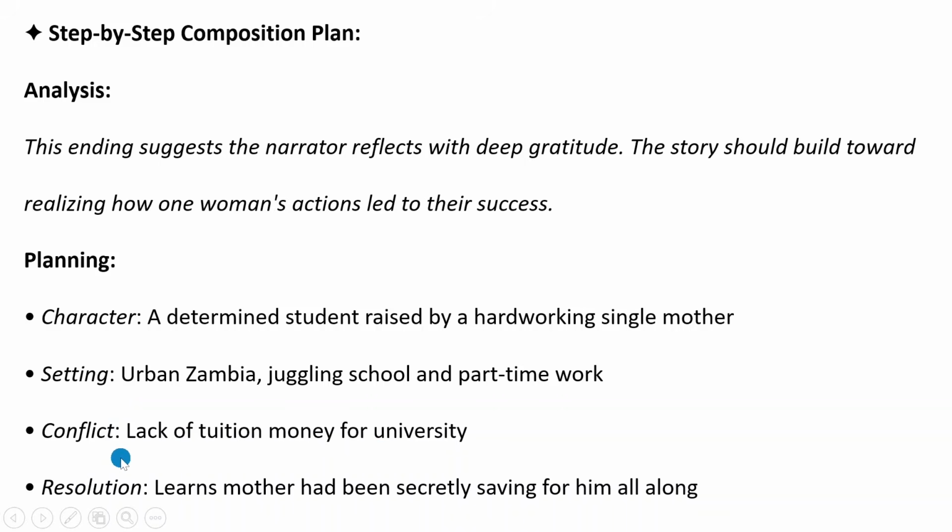What now happened to that problem? What solution was made? Len's mother had been secretly saving for him all along. So there was a lack of tuition money for university, and the solution is that the mother was secretly saving some money for him.